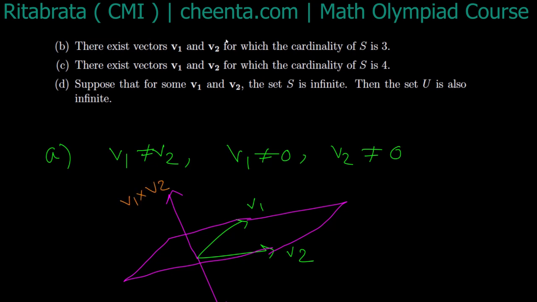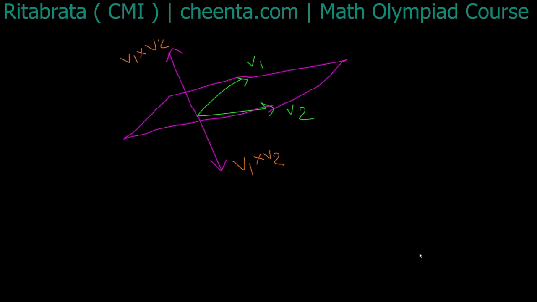So v1 cross v2 can never be equal to v1 or v2, except if one of v1 and v2 is 0. But here we are given that v1 and v2 are both non-zero, so that doesn't occur. So v1 cross v2 is not equal to v1 and not equal to v2, so it is a distinct term. It can be 0 also, but 0 is not equal to v1 and v2.